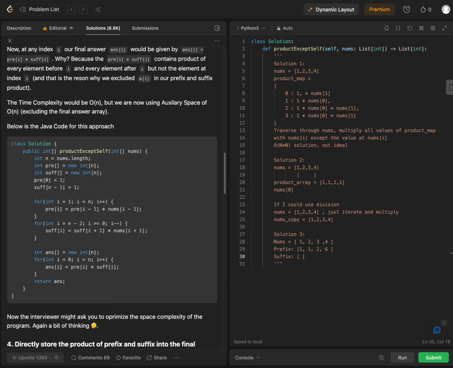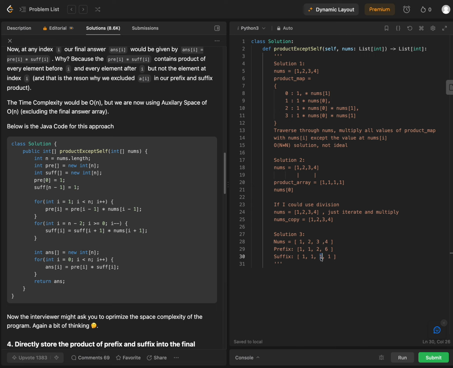And then your suffix, right? Essentially suffix you initialize as 1, 1, 1. This one is done in this line. And then you iterate from n minus 2, which is here, all the way to the first value. So you start off when i equals 1, suffix of n minus 2 is equal to suffix of i plus 1, this value, times nums of i plus 1, which is 6.